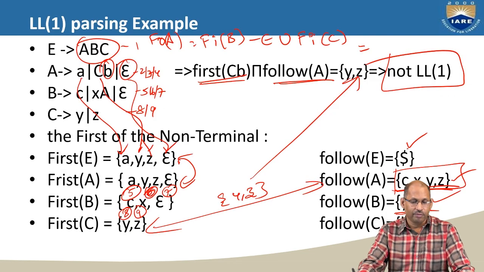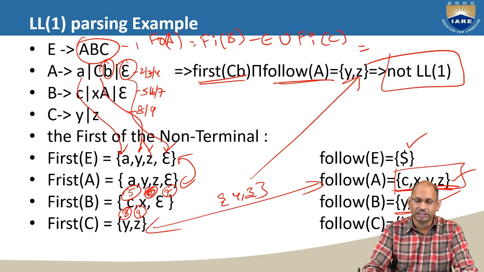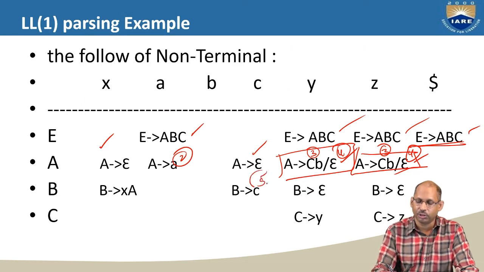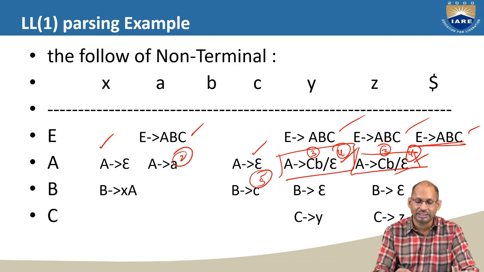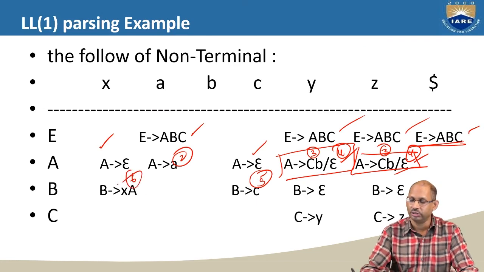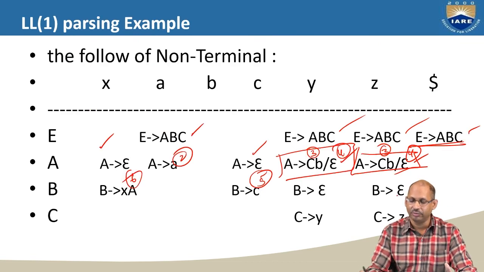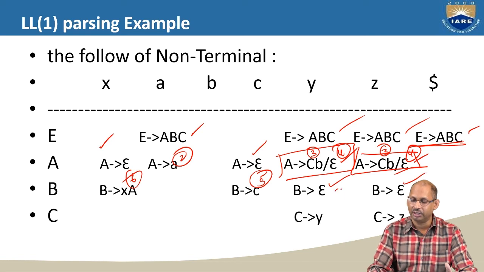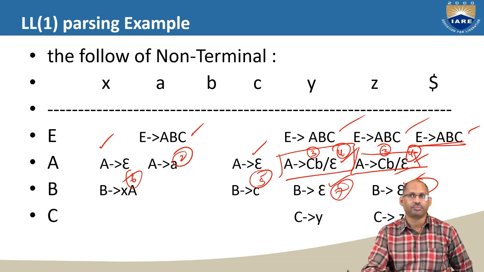Now B. For B, fifth production, it is C. For sixth production, it is X. Seventh production is epsilon. So follow of B is YZ, so YZ for the seventh production. Then what about C?